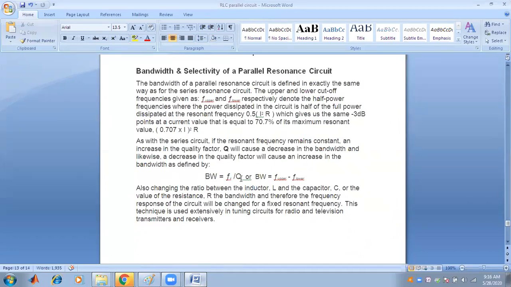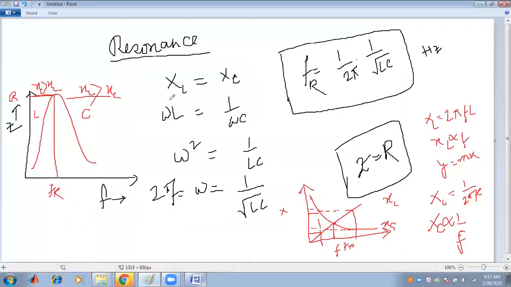It gives us the same minus 3 dB points, as the current value is equal to 70.7% of the maximum resonant value. If the resonant frequency remains constant, an increase in the quality factor will cause a decrease in bandwidth, and likewise a decrease in quality factor will cause an increase in the bandwidth.